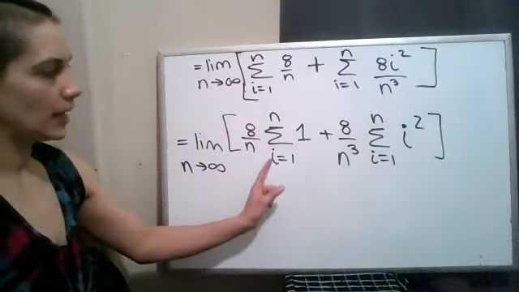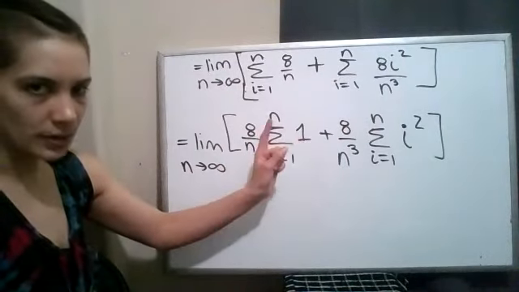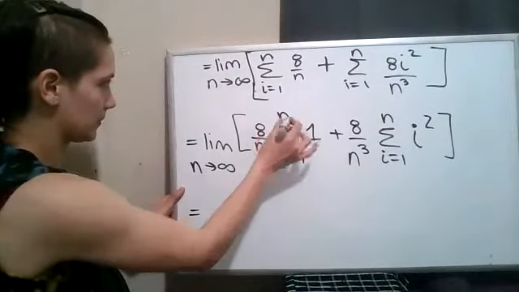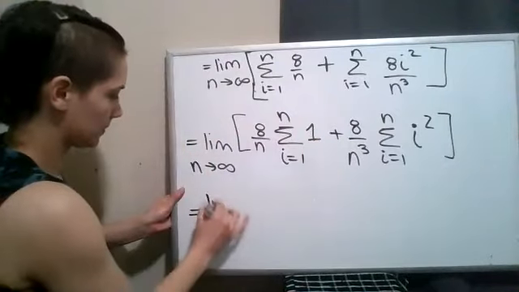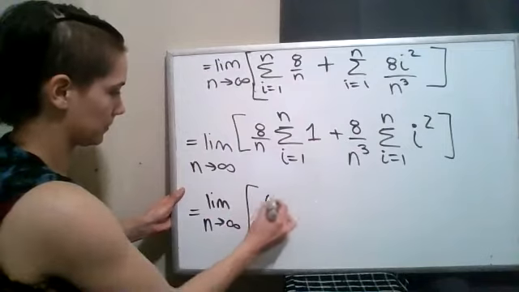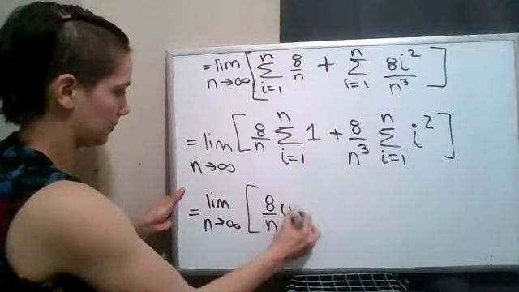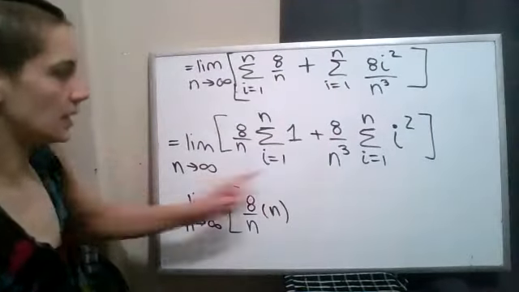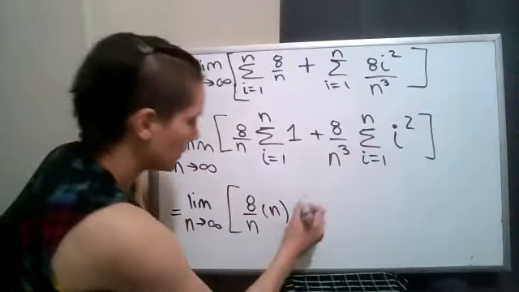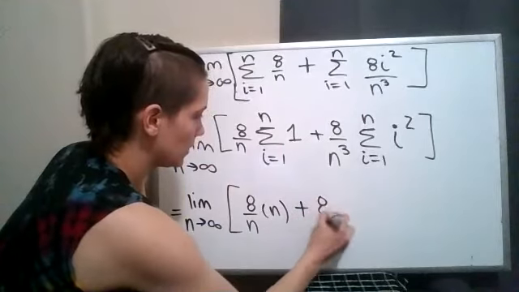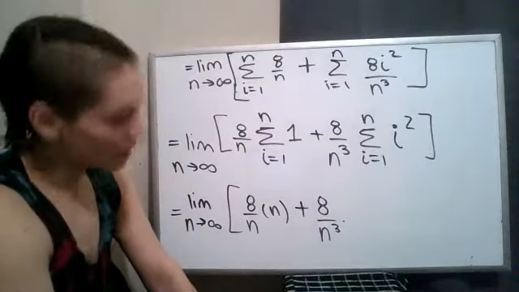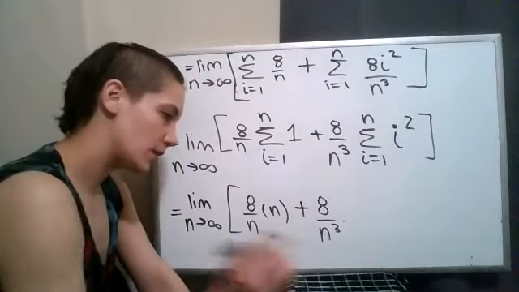Okay, the sum from i equals 1 to n of 1 equals n. And there's an 8 over n cubed times that sum, which I just did: it's n times n plus 1 times 2n plus 1 over 6.